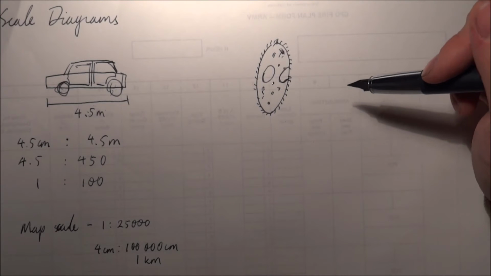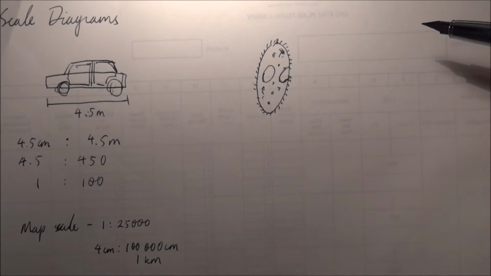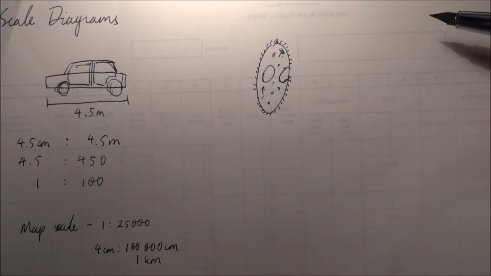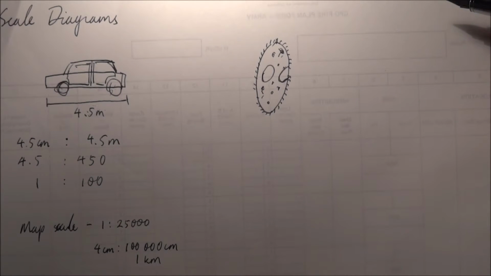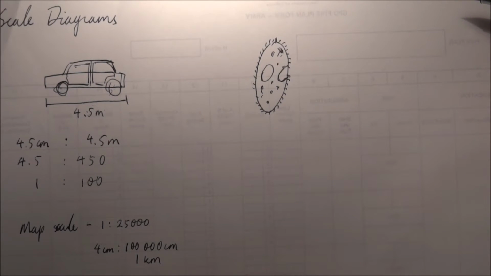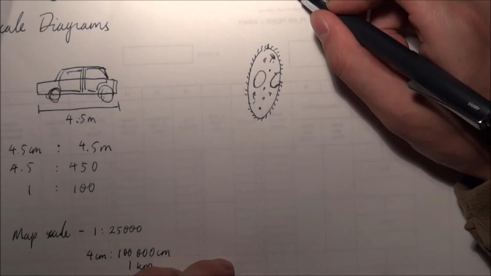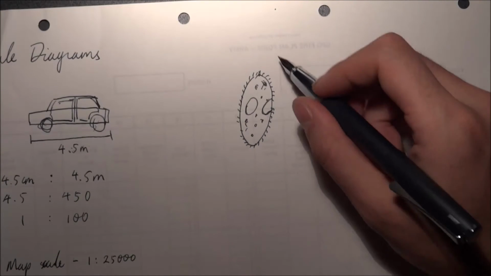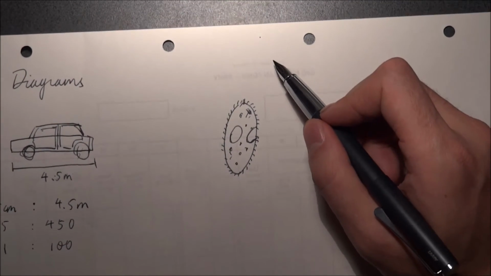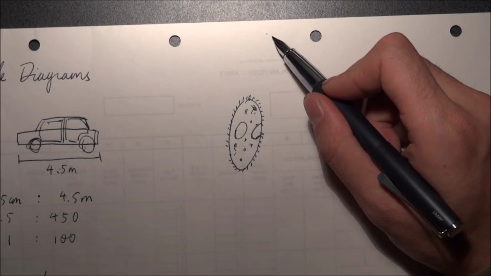So the size of these things is usually about 150 to 300 microns, which is like 0.15 millimeters to 0.3 millimeters. Obviously way too small to actually try to draw it to scale, because it will be smaller than these dots. If we try to draw it to scale, it will be smaller than the dot here.